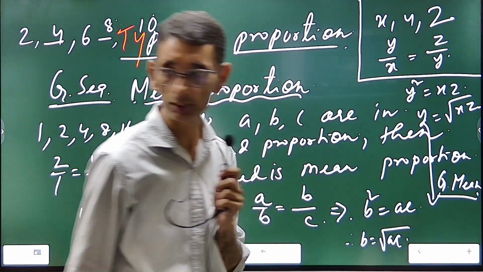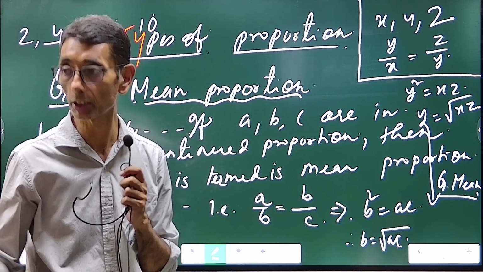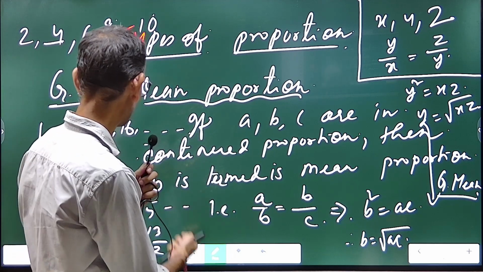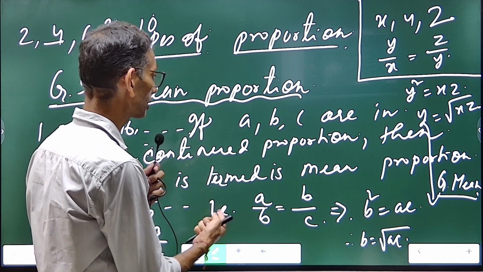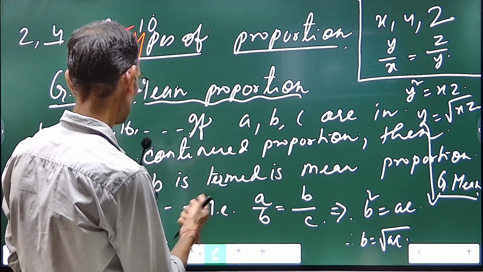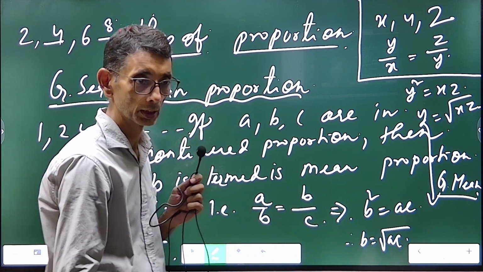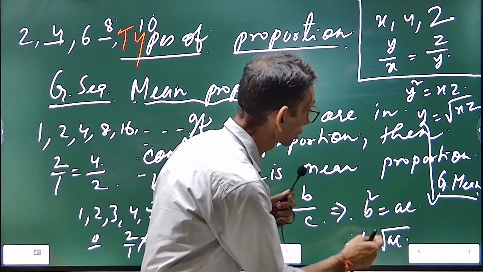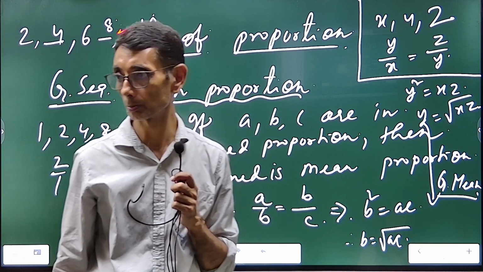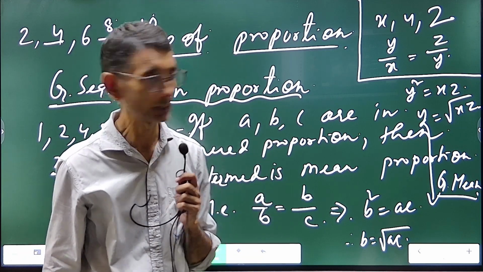That y is called the geometric mean. Because of this, what were we studying here? Continued proportion. This is termed as mean proportion, and this mean proportion is also called the geometric mean. Remember this.